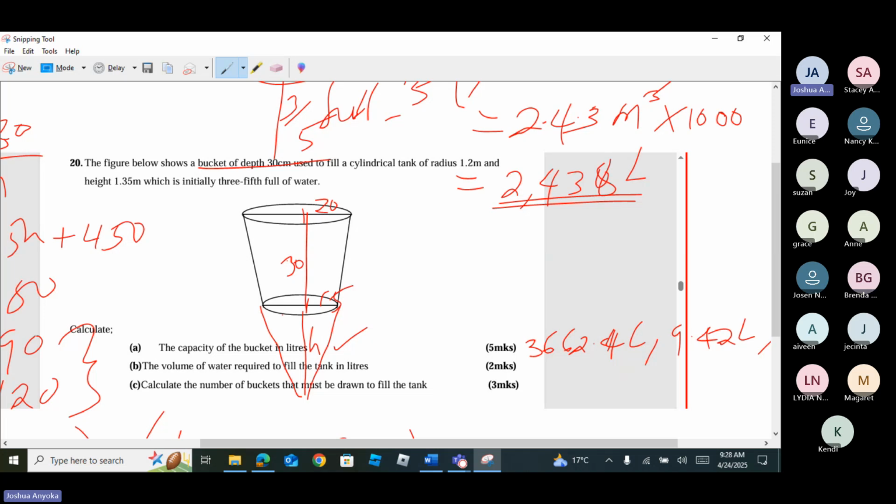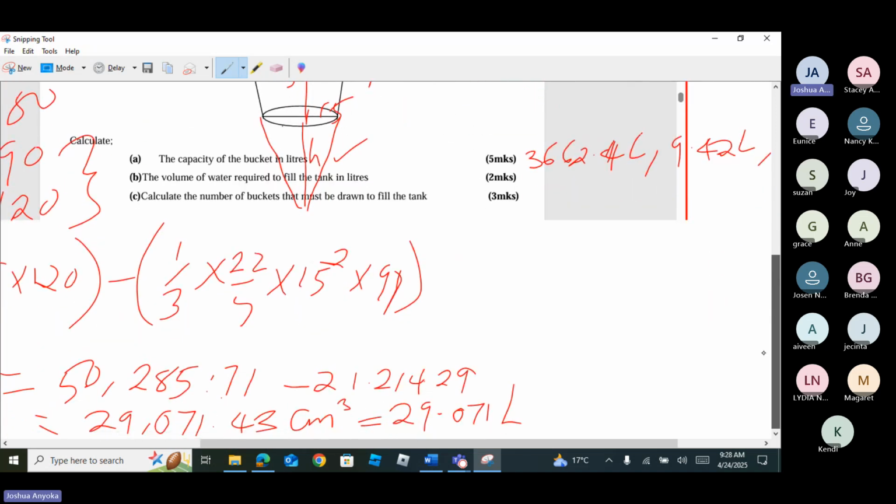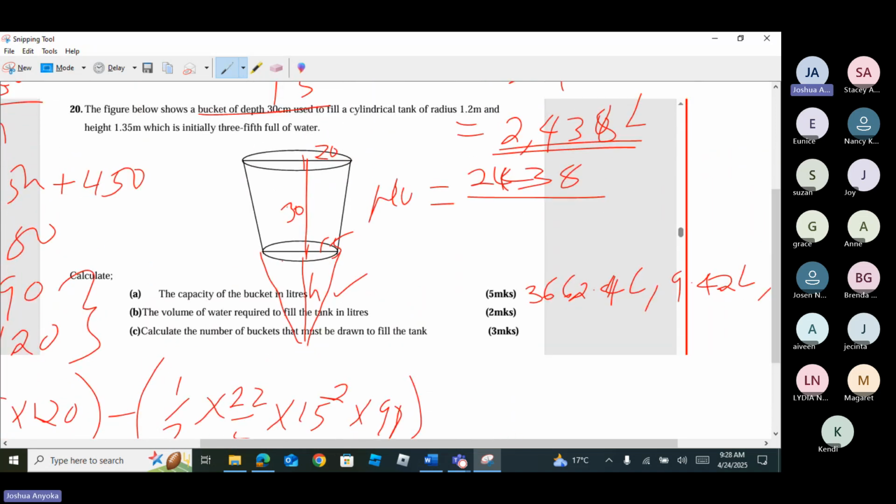Part C, calculate the number of buckets that must be drawn to fill the tank. Number of buckets will be equal to the volume to be filled divided by the volume of 1 bucket. Volume of 1 bucket is 29.071. Then you round off.